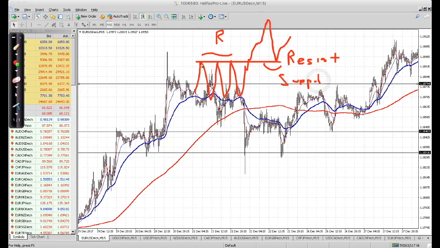So this is test 1, test 2, test 3, test 4. So this is considered a test of that level as well, okay.